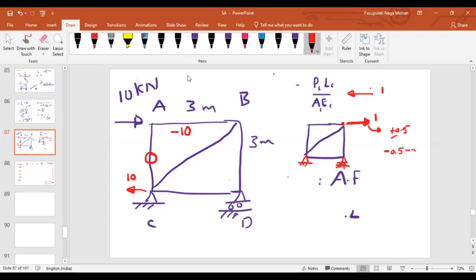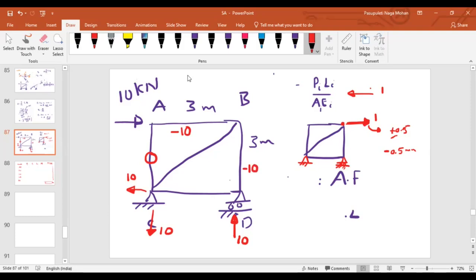If you remember the logic, this is in the downward direction, this is in the upward direction, and the magnitude is 10. Do you agree with this? Yes, sir. What about the force in this member BD then? Compression, minus 10.